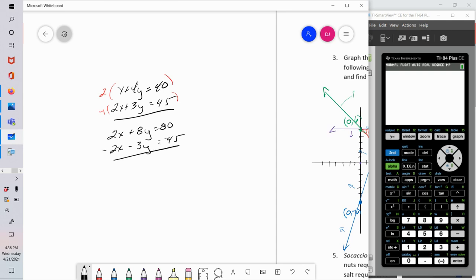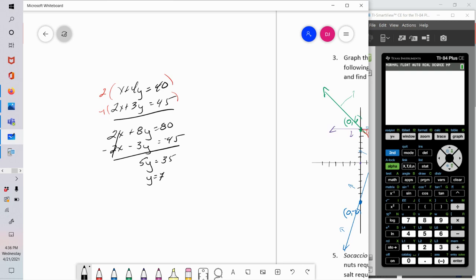Now you could have multiplied the top equation just by negative 2, but I saw it coming that would have given me negatives. I just didn't feel like working with negatives today. 2x minus 2x is 0. 8y minus 3y is 5y. 80 minus 45 is 35, so y is 7.